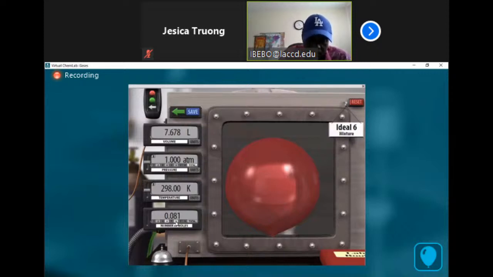You click number 6, and it gives you the number of moles of that particular ideal gas number 6 that you added. And then if you click on the number total, it tells you that if you add the moles of 1 plus moles of 2 plus moles of 3, it will give you 0.314.